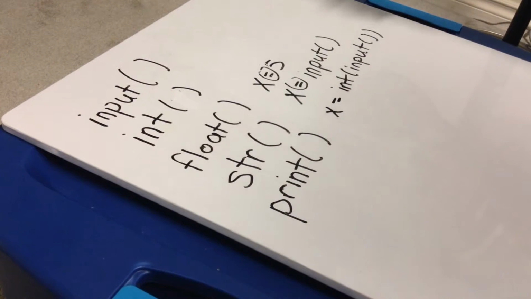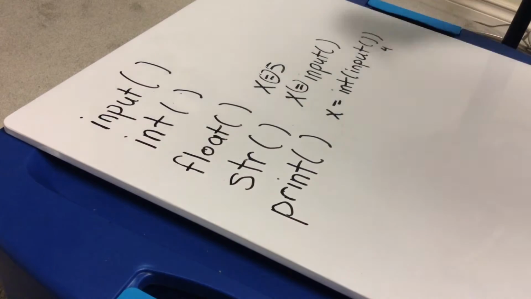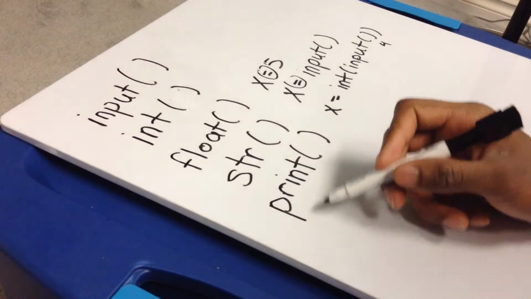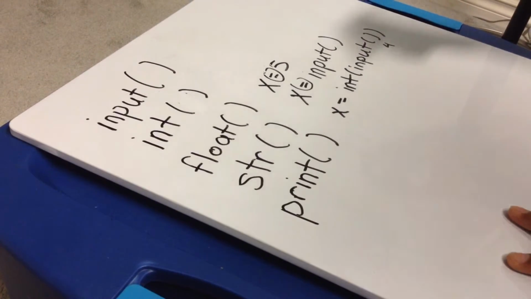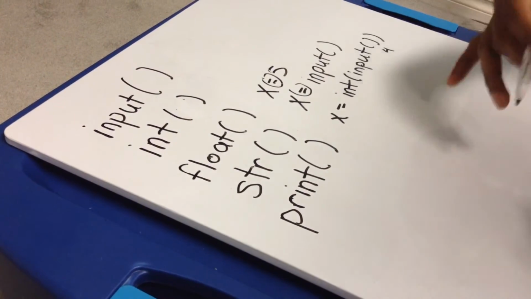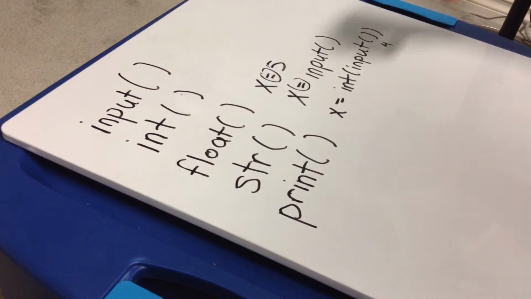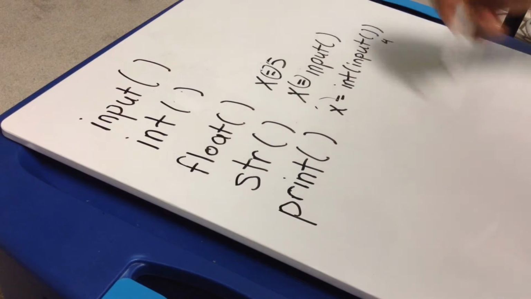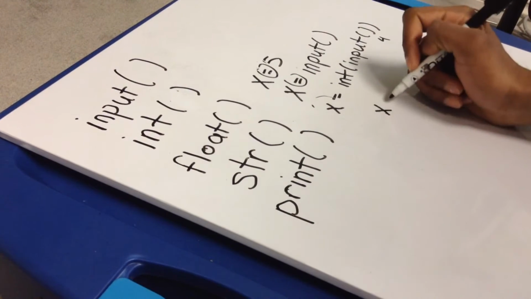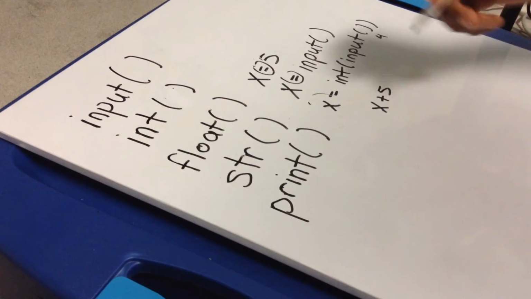Alright, now what you can do with this. Let's say the user inputs 4. Now, as I mentioned, the print function prints the results. So now you entered 4, and let's say a bunch of code is run, and you want the computer to print whatever x equals. Now, let's say x equals x plus 5, and you entered 4.